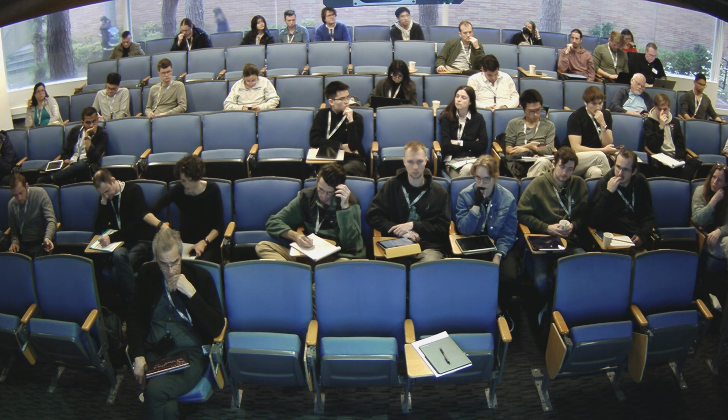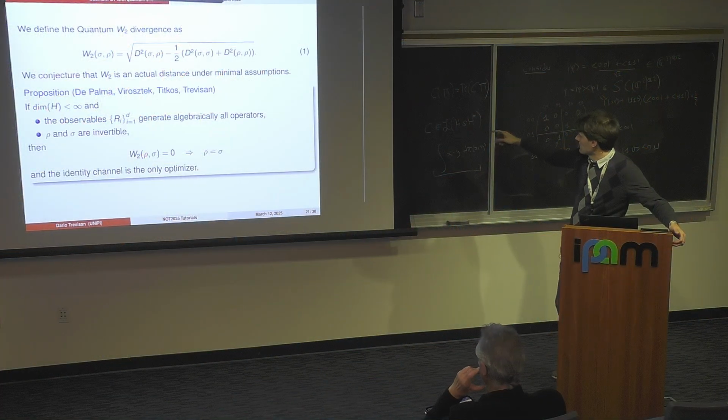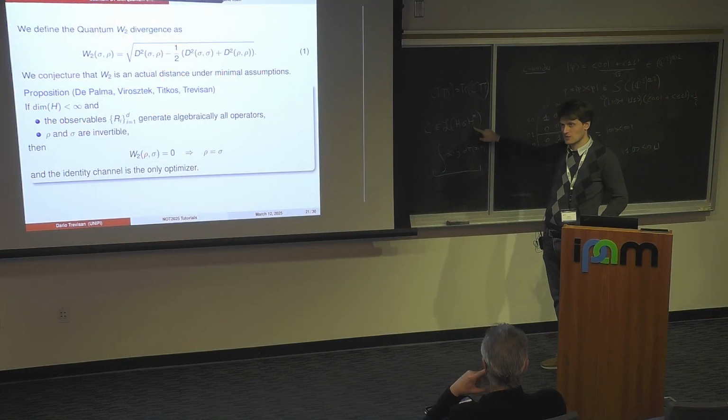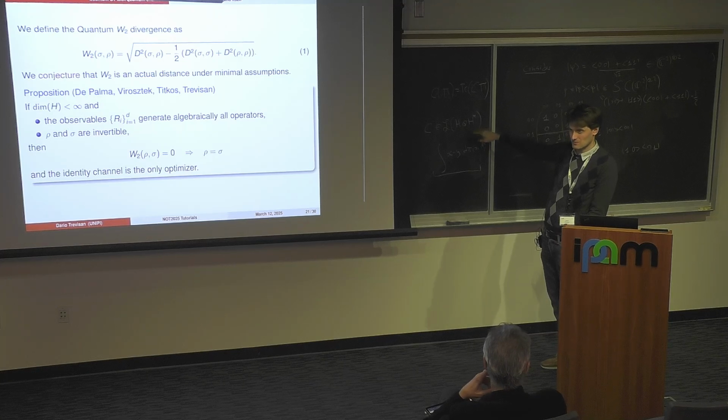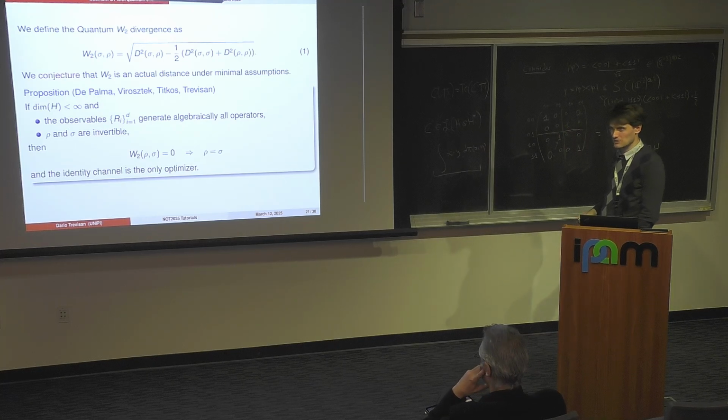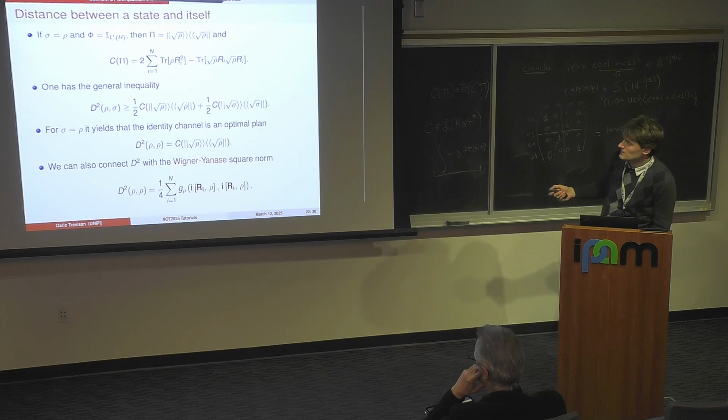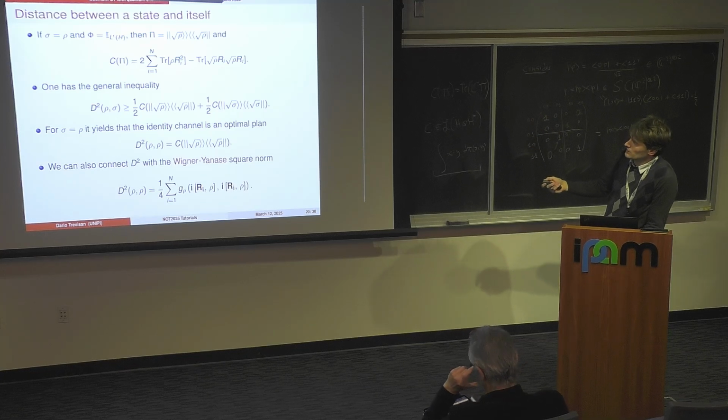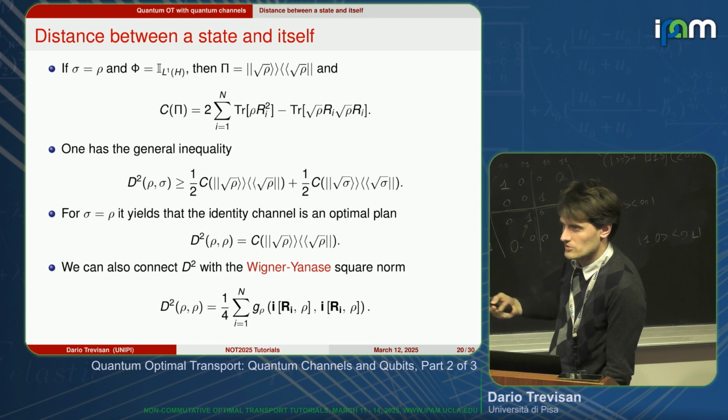You say I have one state which is in system H, the other which is in system K. Yeah, no, you can work it out. At least in that case, you just simply take the purification of one of the two, I act with this channel, and I will end up in the product of the correct spaces, up to a dual in one factor.